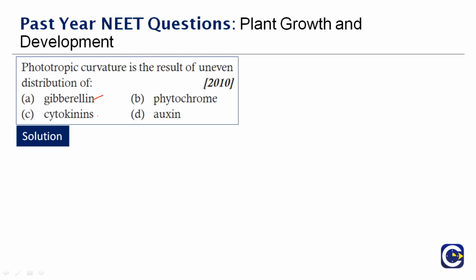Then you have cytokinins. What are cytokinins when it comes to a plant? They are also a class of plant growth substances called phytohormones that promote cell division, or simply cytokinesis. The division is not just for root or shoot, it is for both root and shoots.